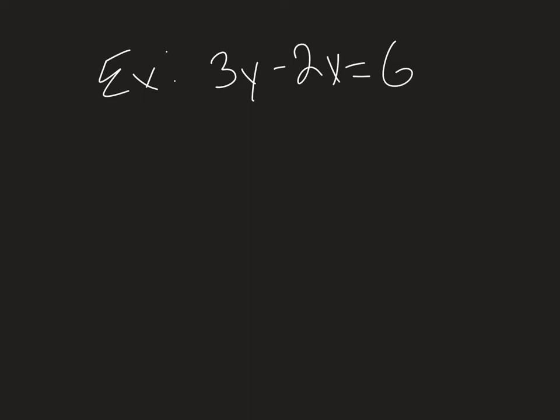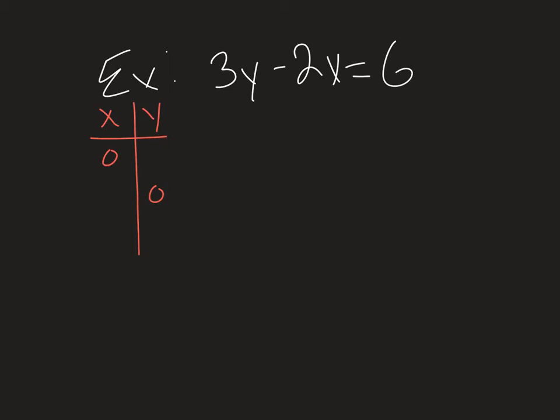There's nothing wrong with it. However, this might be a more efficient method in that if I make a mini t-chart, I'm essentially going to plug in 0 for x and then also a 0 for y and see what the other value would have to be to make that true.